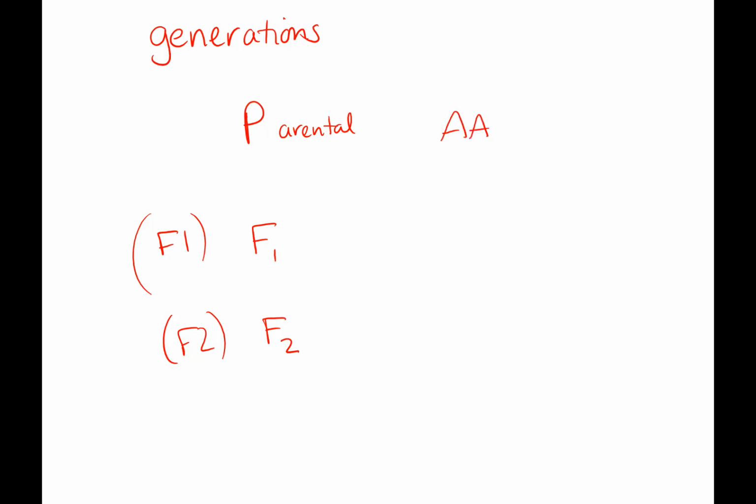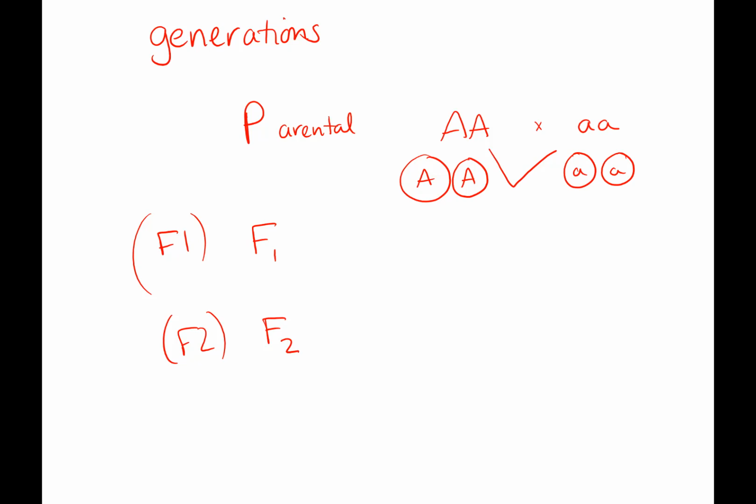Let's say mom was homozygous dominant, big A, and dad was homozygous recessive, little a. And they mated. The alleles that they can produce, when we do the law of segregation, we split those alleles.